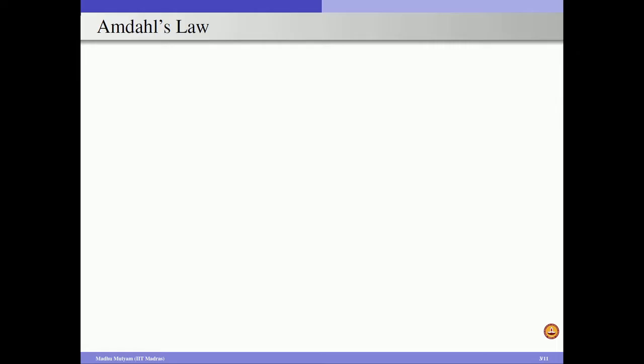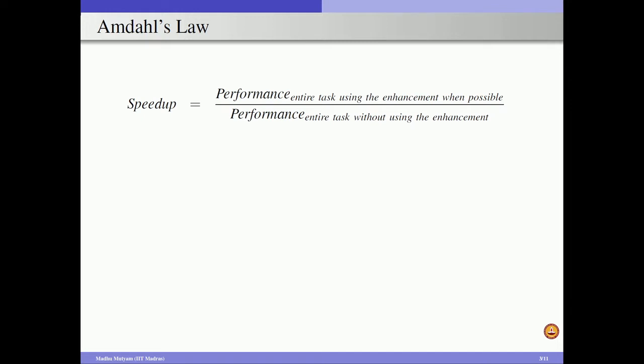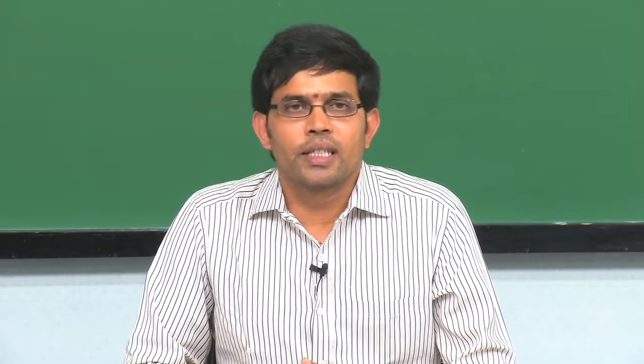So, to do that, we consider the famous Amdahl's law. Before describing what Amdahl's law is, let us just define speedup. Speedup is the ratio of the performance of an entire task using an enhancement applied when possible to the performance of the entire task without using the enhancement.